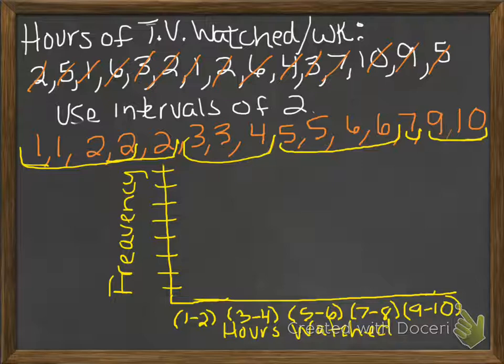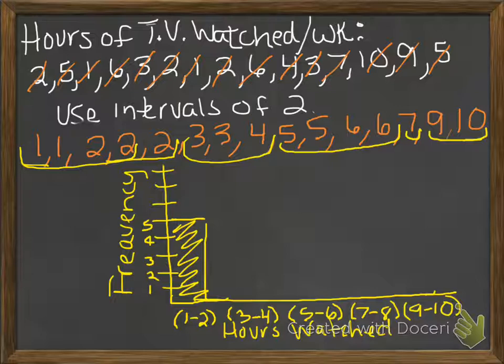So each hash mark on the side here represents 1. My interval of 1 to 2 has 5 values, so I'm going to make a bar that goes up to 5, and I'm going to shade that in. So that tells me there's 5 values in the interval from 1 to 2.